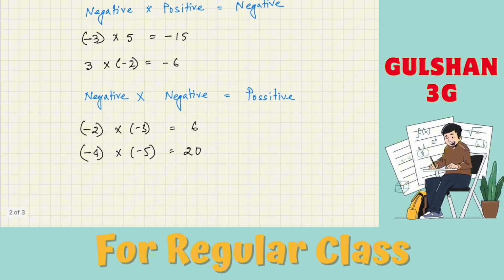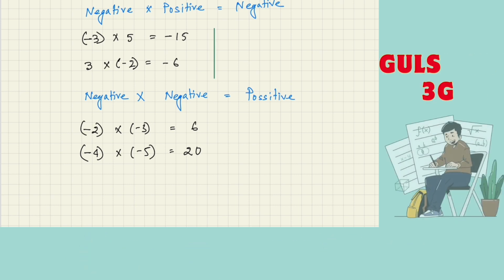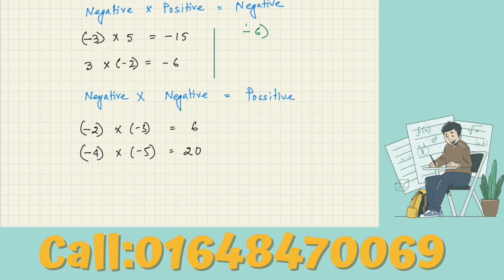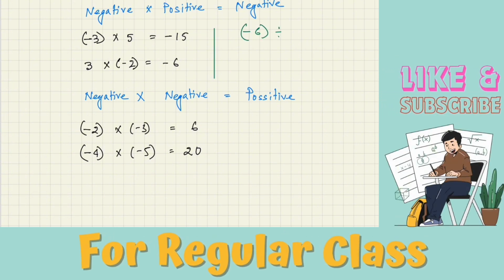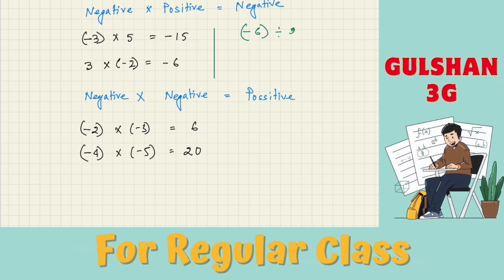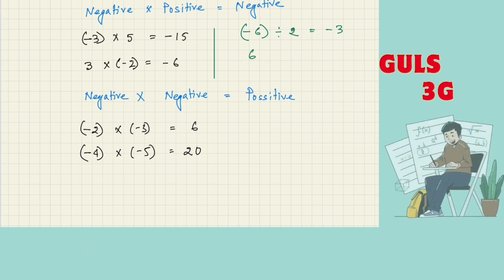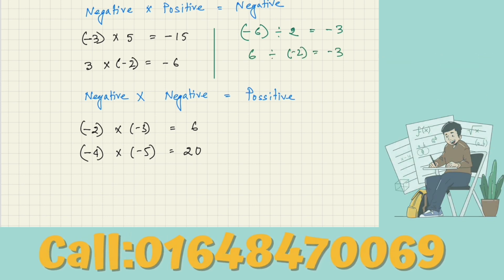What is it? If we divide minus 6 with 2, the result will be minus 3. If we divide 6 with minus 2, the result will be minus 3.